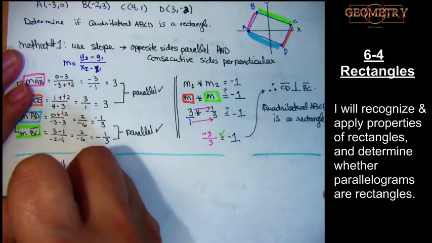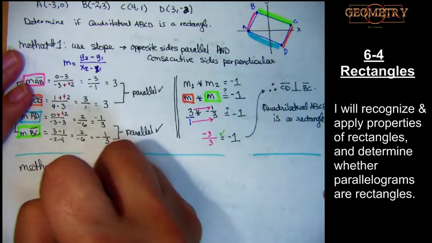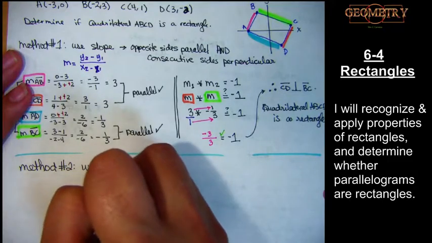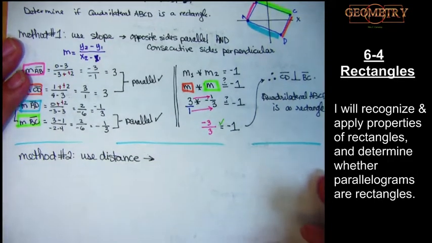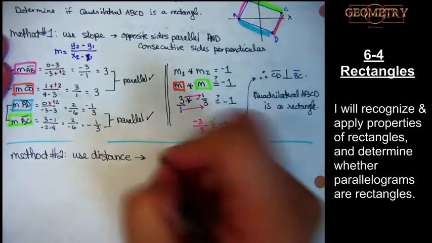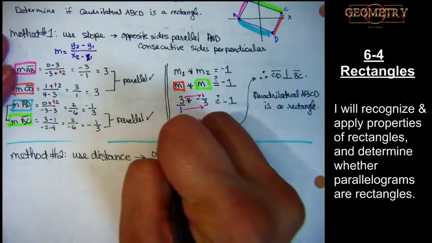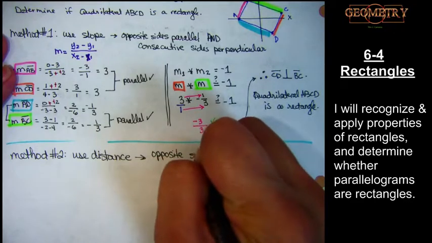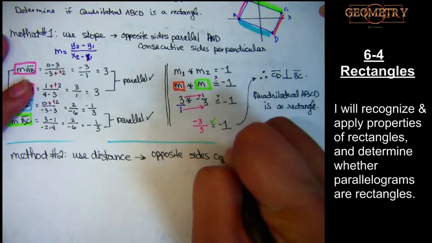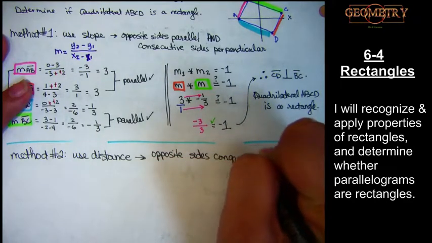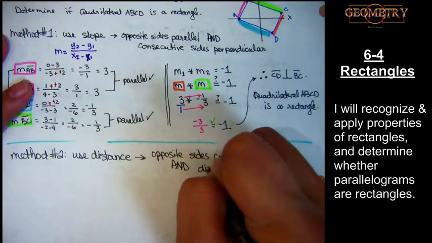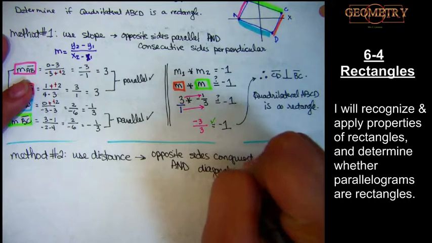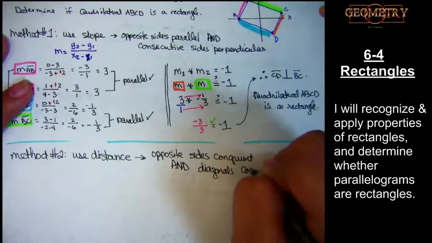Okay, method 2. Method 2 asks us to use distance. And we're going to use distance because we have to check the following things. We need opposite sides congruent. And we need diagonals congruent.